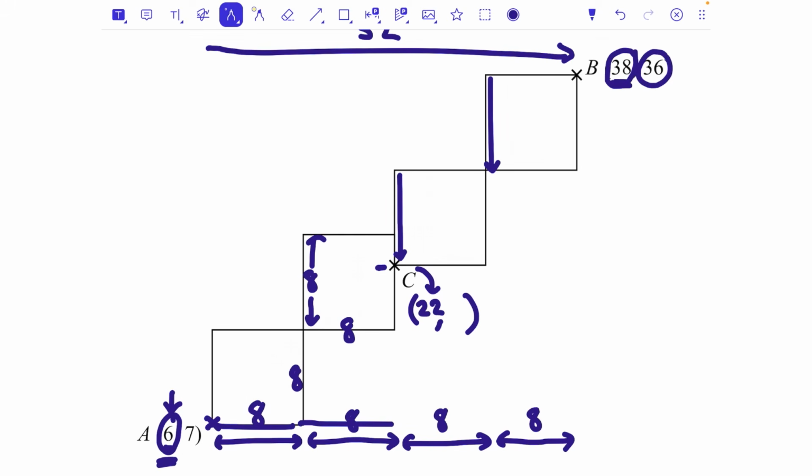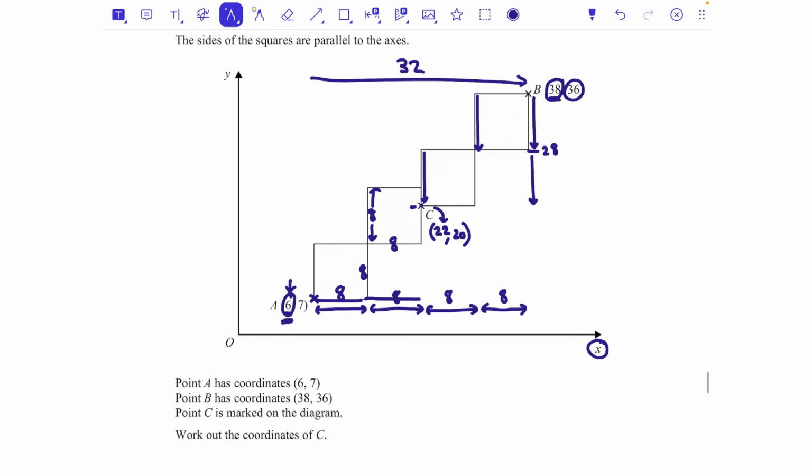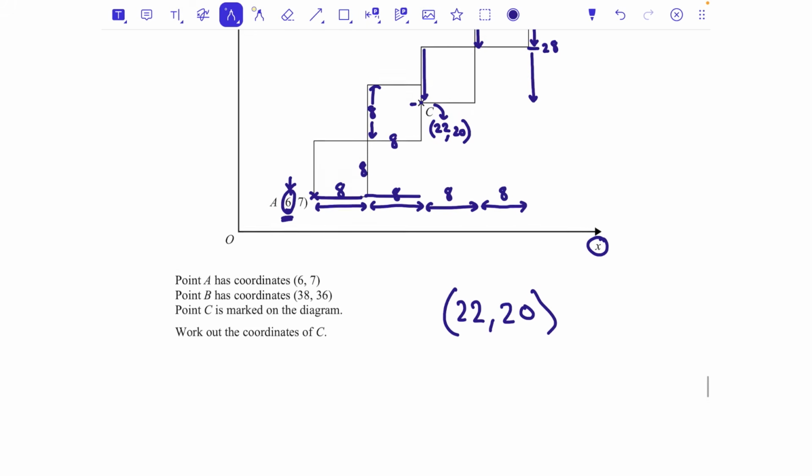Your second number of each coordinate is how far up or down we are. I'm going to start at 36. If I come down 8 from 36, I get to 28. If I come down another 8, I get to this point here, and that's going to be 20. So your answer to that is 22, 20. Quite a tricky question, so well done if you got that.